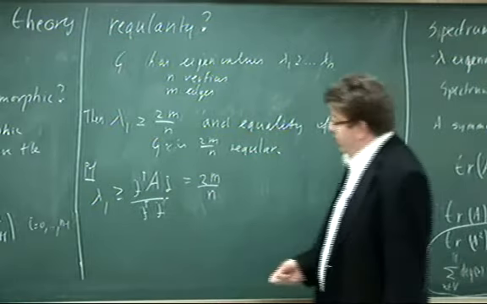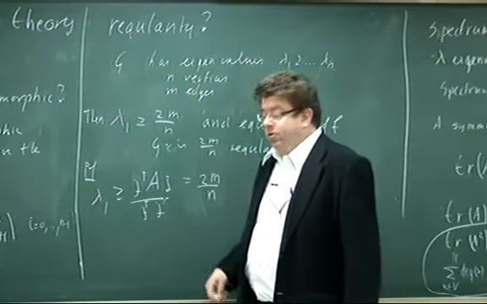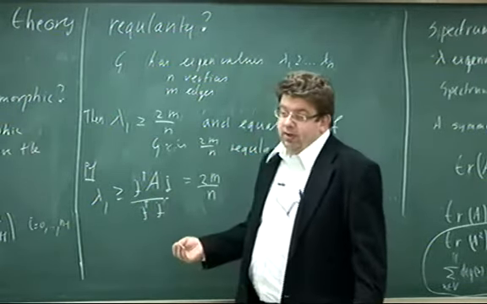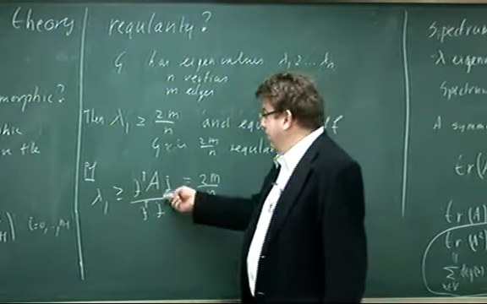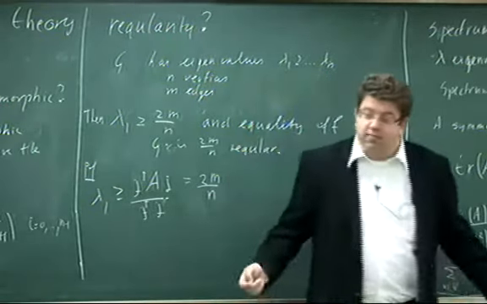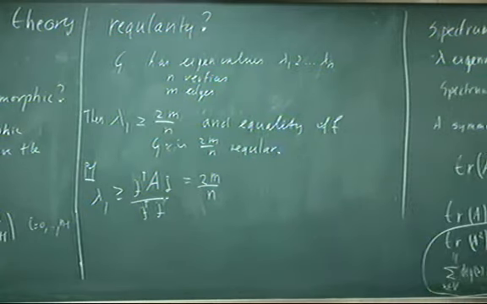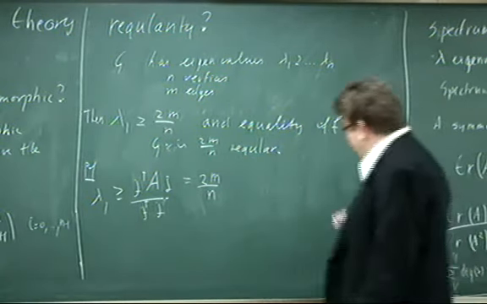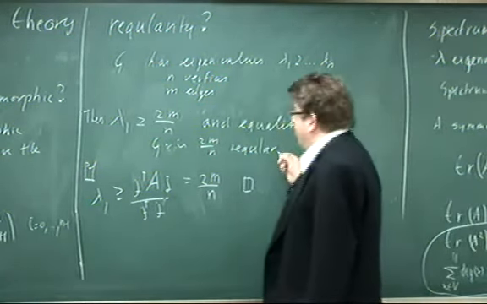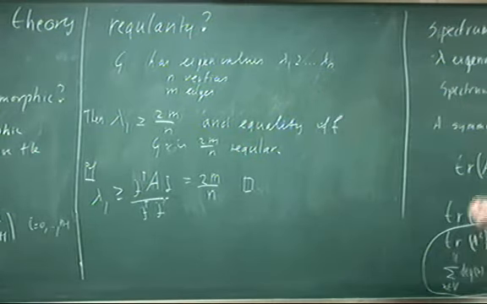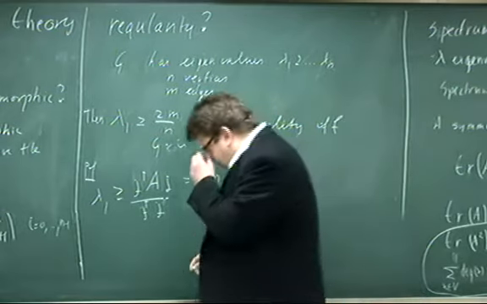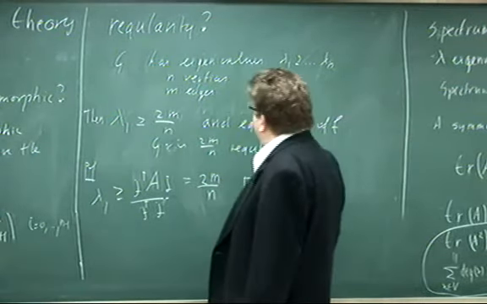And what happens if equality holds? Then the all one vector must be an eigenvector. But if the all one vector is an eigenvector, it must be K regular. So that is all the proof. It's not so difficult. So what does this say? Regularity, yes, you can see it from the spectrum.